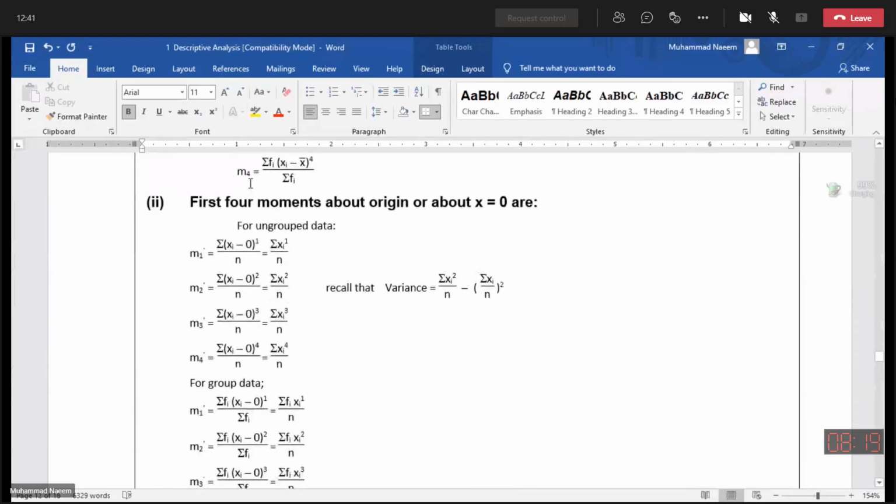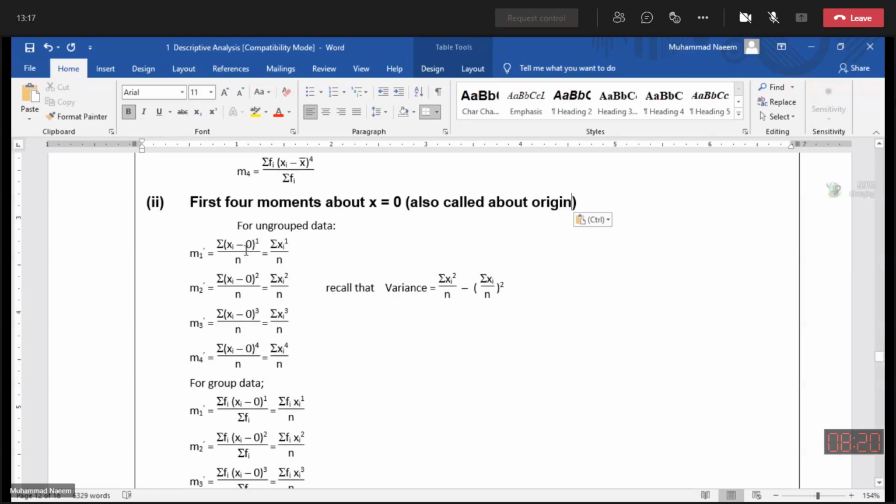Then we have first 4 moments about the origin, or you can say about x equal to 0. Also called moments about origin.